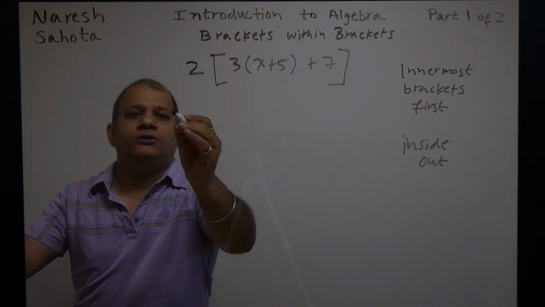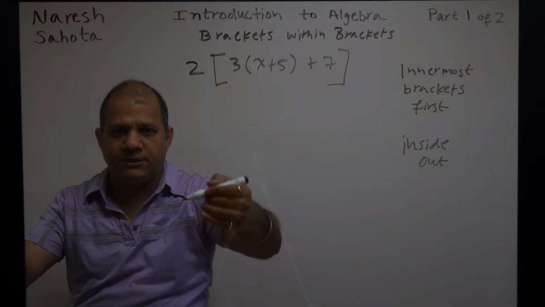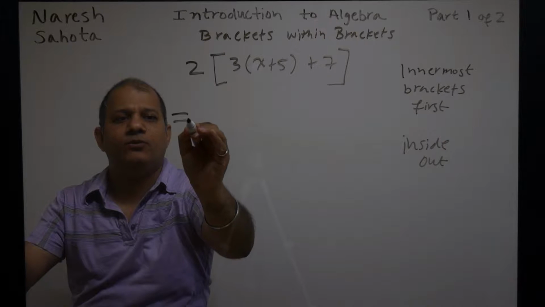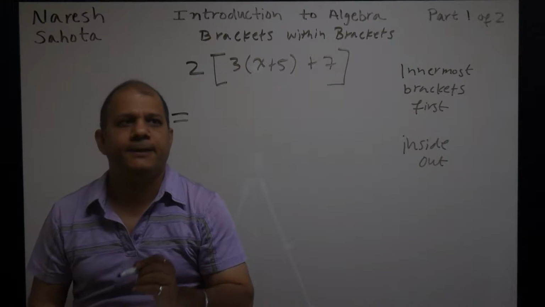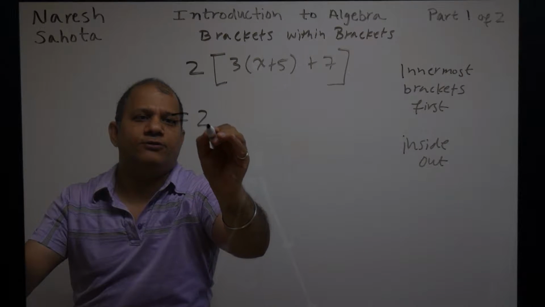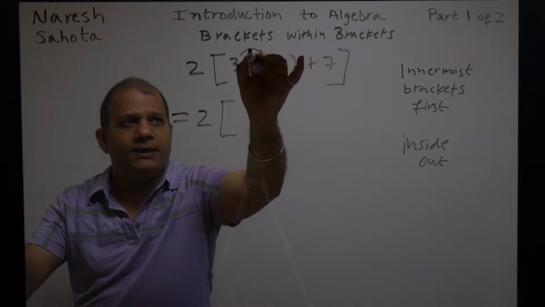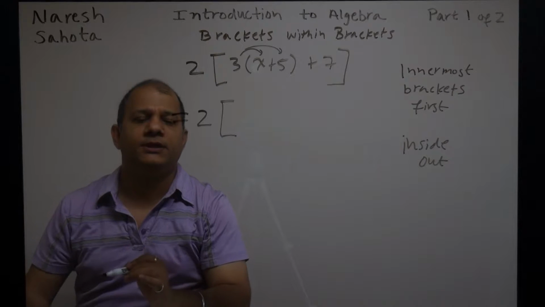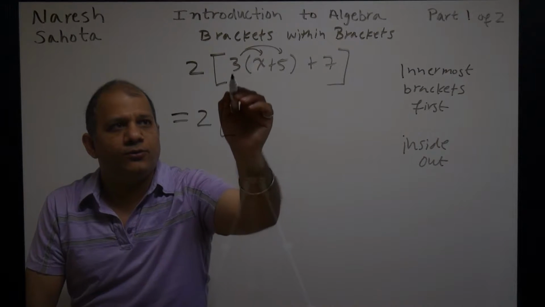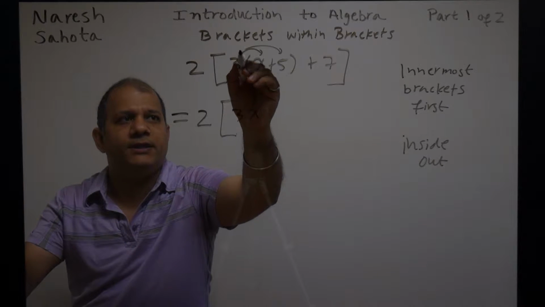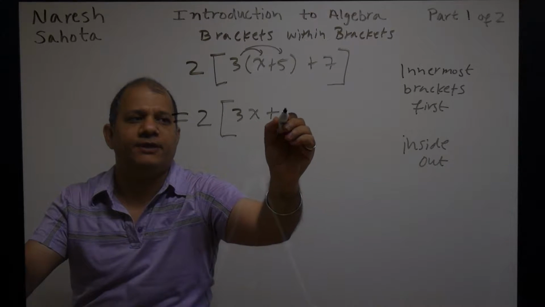Alright? So when you are ready to simplify, when we go from the question and we write our first step, we need an equal sign. So copy a factor of 2 as is. Now let's multiply the 3 with the parentheses. 3 times x is 3x. 3 times 5 is 15.